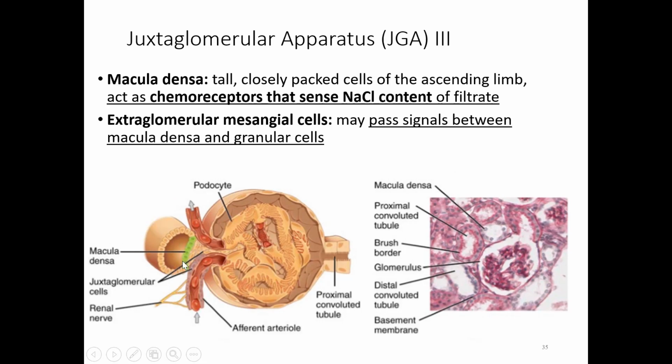Macula-densa cells that are sitting in the wall of the distal convoluted tubule also act as receptors, chemoreceptors that sense sodium chloride or salt content of the filtrate. Between them, in the center, there are extraglomerular mesangial cells, or simply memorize them as mesangial cells. They may pass signals between macula-densa cells and right here juxtaglomerular granular cells.